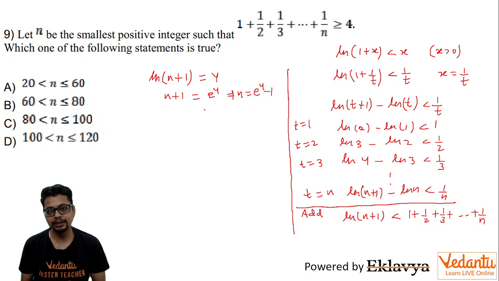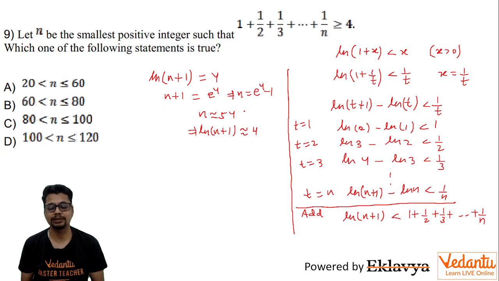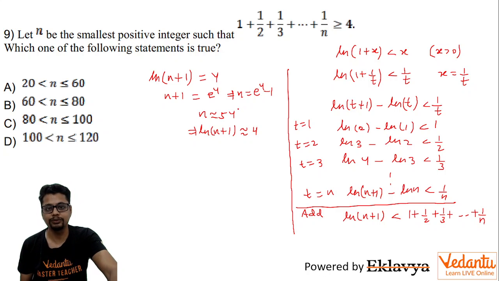So clearly, if you take n to be roughly 54, you get ln(n plus 1) to be roughly 4. e to the power 4 minus 1 is roughly, no, it should be 53, I believe, because e to the power 4 is roughly 54. Nonetheless, 53 or 54, it's all right.